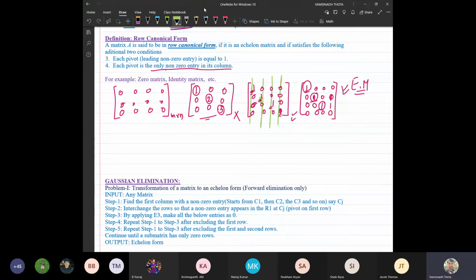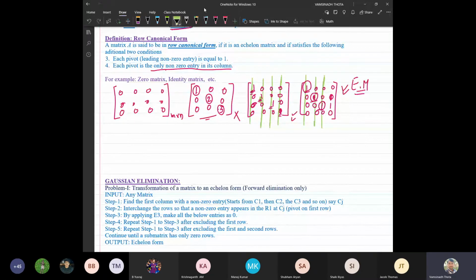You take the first leading non-zero entry, that is 1. So in the column in which it is, remaining all other entries should be 0. It should be the only non-zero entry. In the second leading non-zero entry also it is satisfied. This is the third leading non-zero entry, and in its column, remaining all are 0.